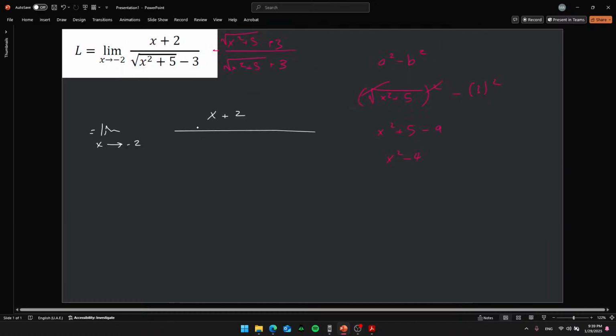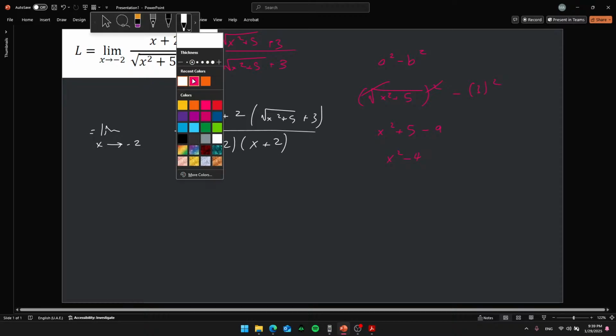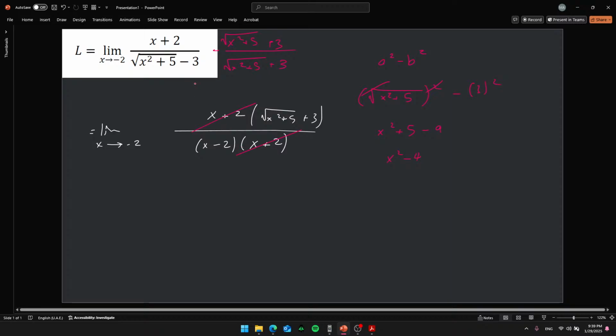So, luckily I got lucky. So, x plus 2 times the conjugate, x squared plus 5 plus 3, over x squared minus 4. Let's factor it already and cancel x plus 2.